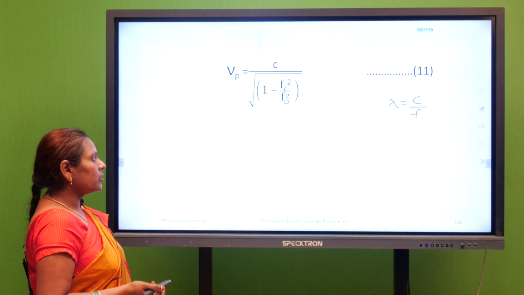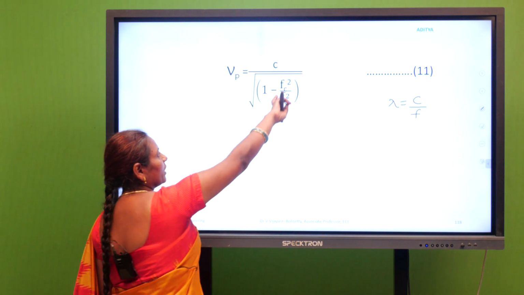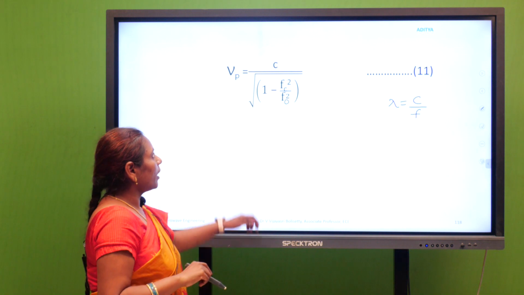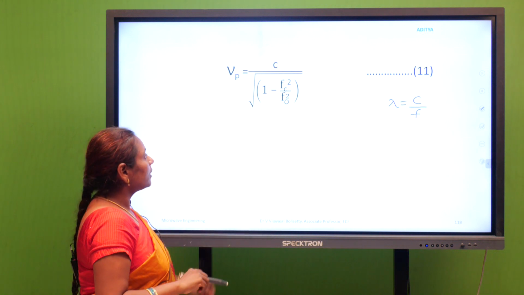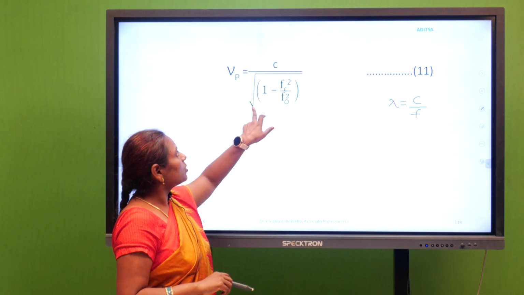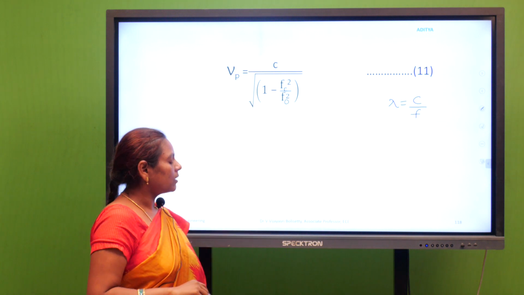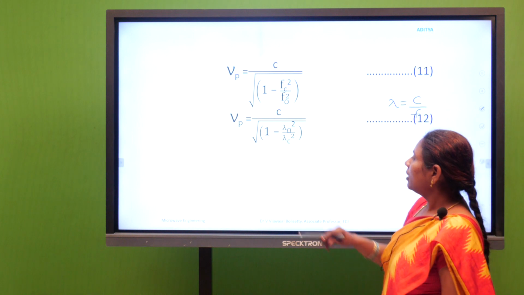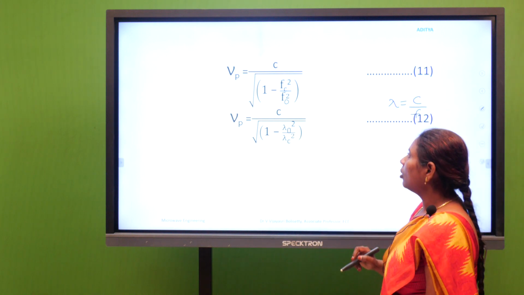So if you use this relation, that means we can invert these terms while writing in terms of the lambda. So simply we can get Vp is equal to c by root 1 minus lambda naught by lambda c whole square.